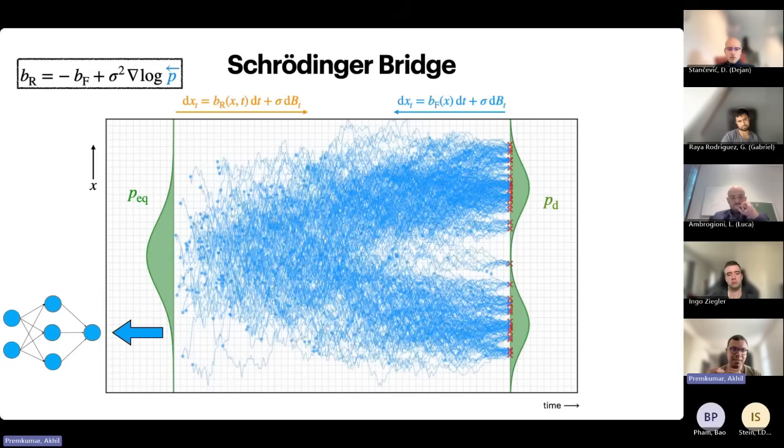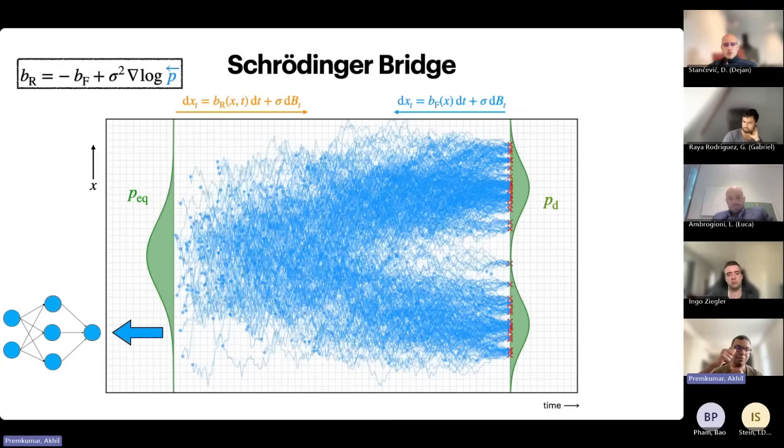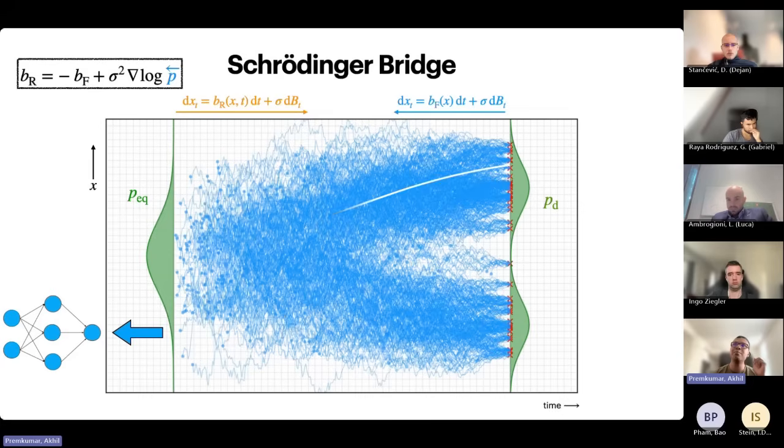So it is this way of going from the data distribution to p-equilibrium, or equivalently from p-equilibrium back to PD. Because if we do enough of these simulations, we can discover these quote unquote channels that go in either direction because they're just playbacks of one another, right?